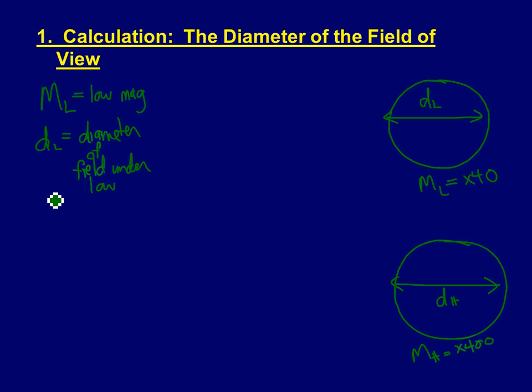So if I want to figure out what that diameter is under high, I can create an equation where the equation does the opposite.